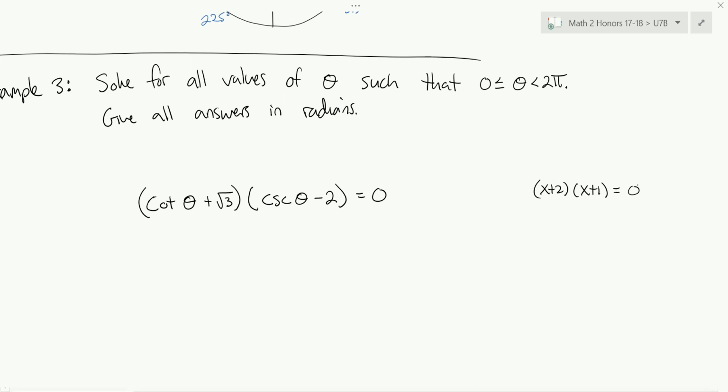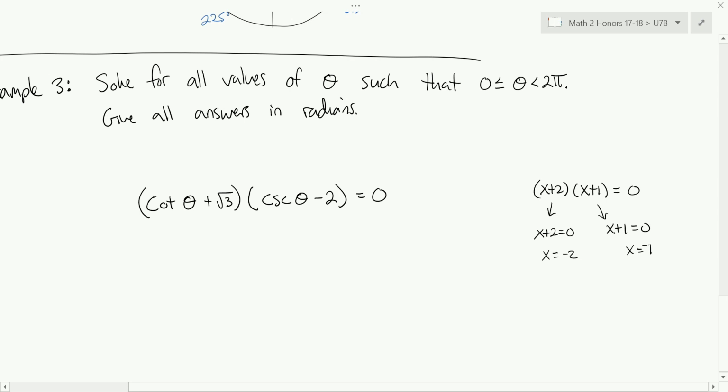There's something called the zero product property, where we were able to take each factor, separate them, and set them equal to 0 individually, and make the problem easier on us. And we'd end up with -2 and -1, right?